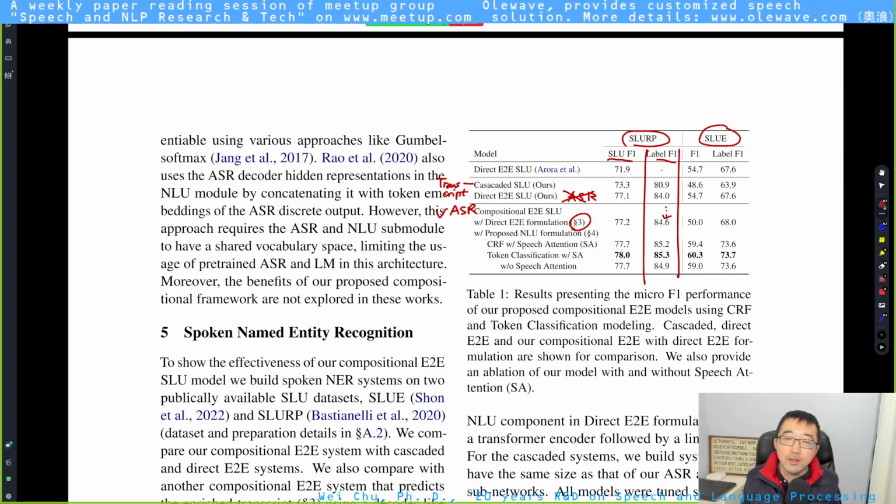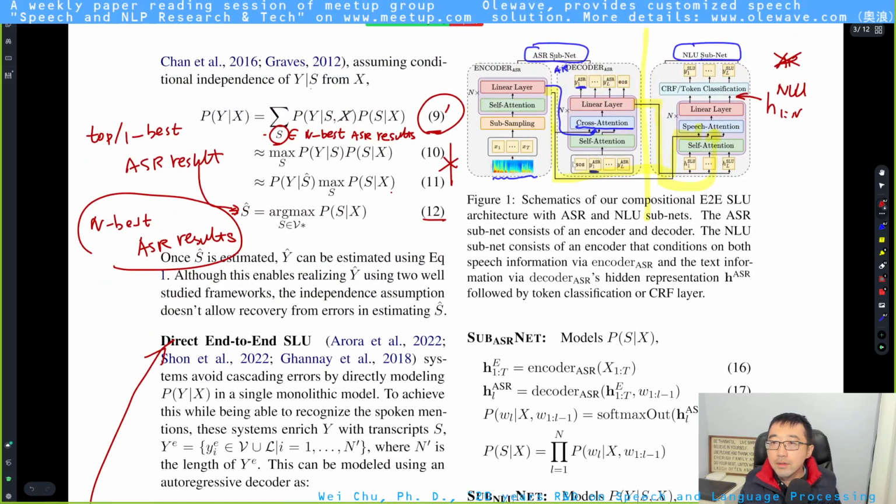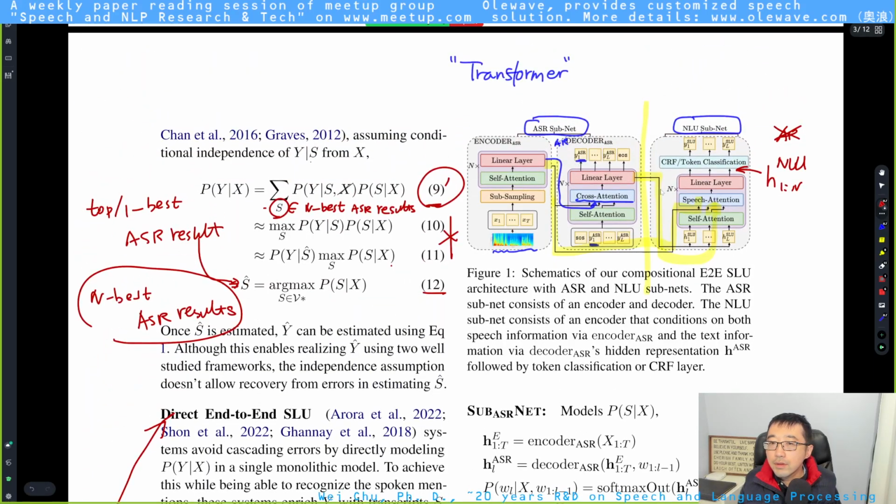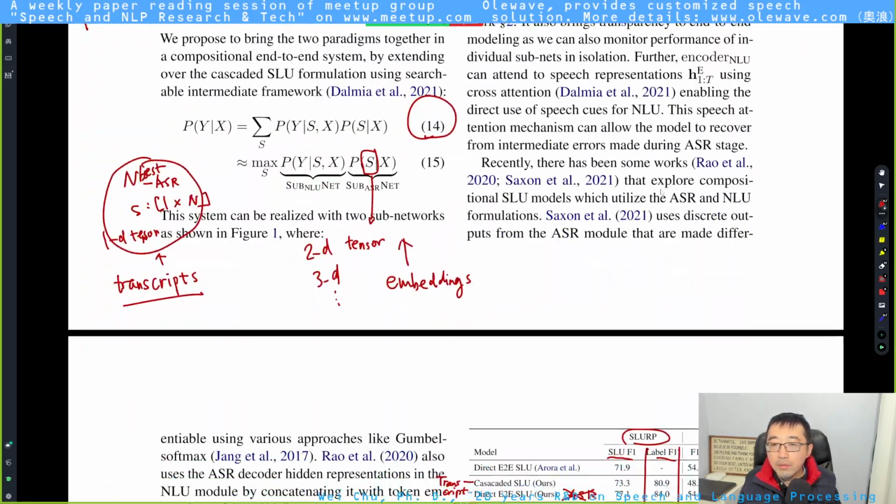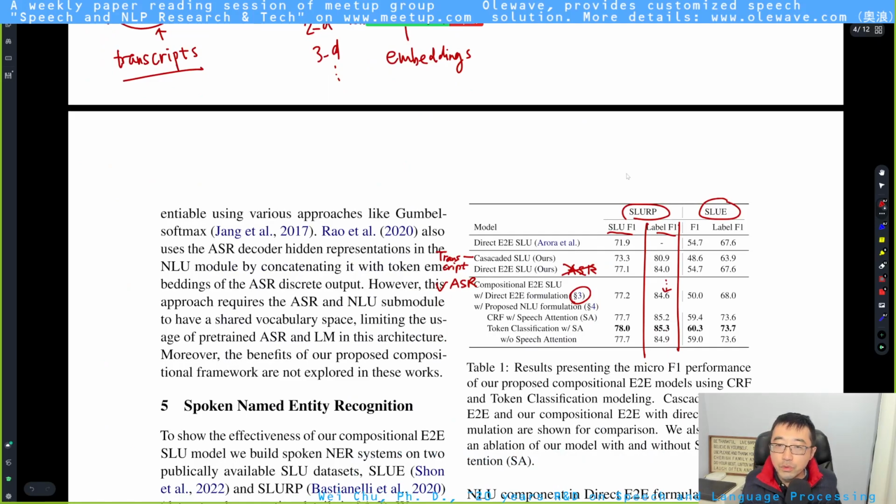So I have to say that I'm a little bit confused when they're saying that they're using their model with the direct end-to-end formulation.